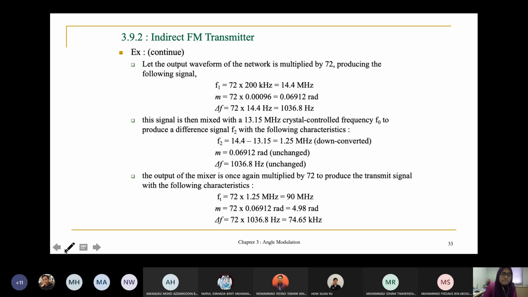So if you look at here, let the output waveform of the network be multiplied by 72, producing the following signal. F1 equals Fc multiplied by the multiplier. F1 equals 72 multiplied by 200k, you will get 14.4 megahertz. And your modulation index also you need to multiply by 72. And delta F also you need to multiply by 72.